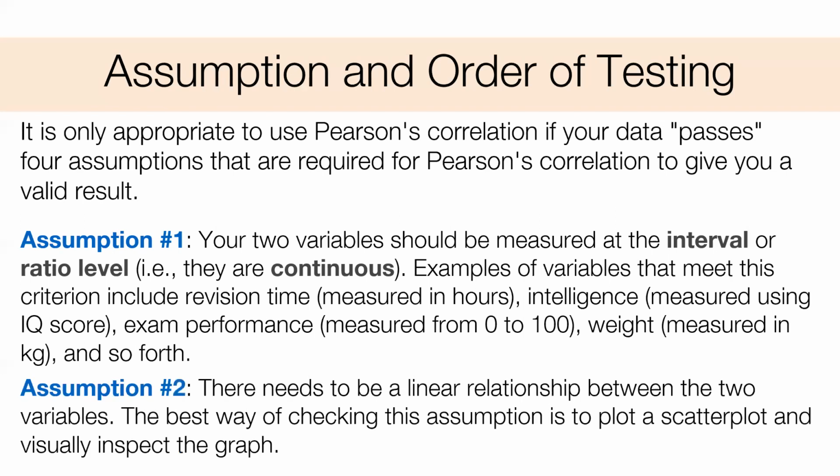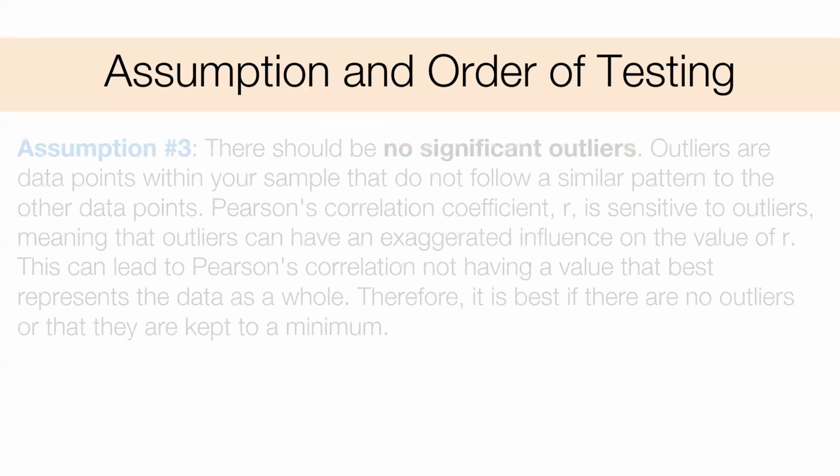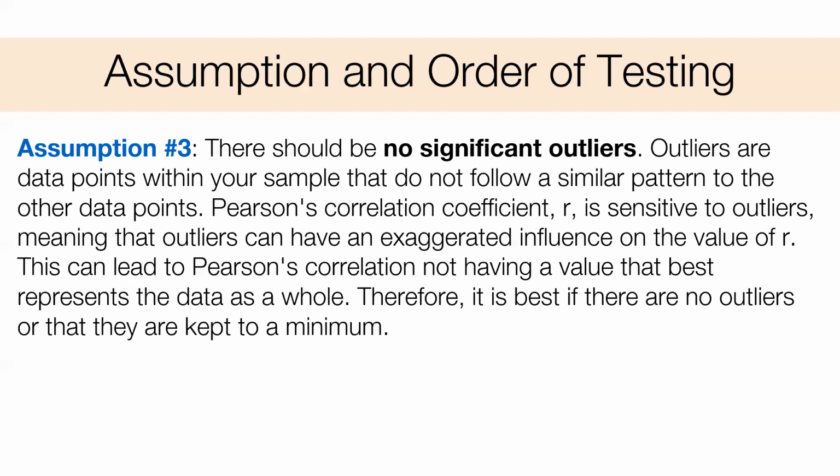Next assumption. There needs to be a linear relationship between the two variables. The best way of checking this assumption is to plot a scatter plot and visually inspect the graph. The third assumption is there should be no significant outliers. Outliers, remember, are extreme scores. If you have outliers, we could usually have them taken out of our data set if possible.